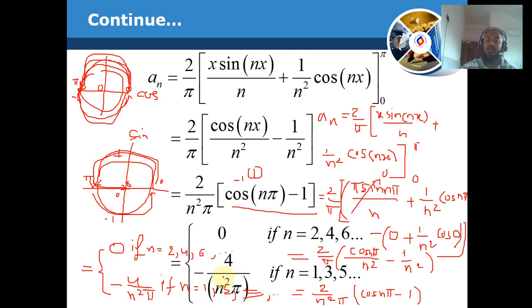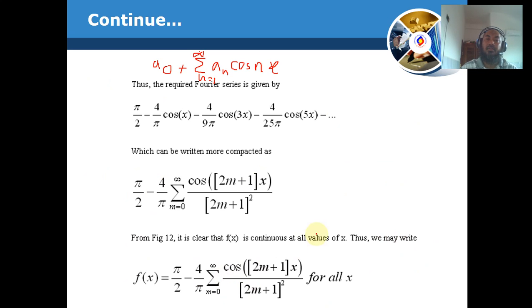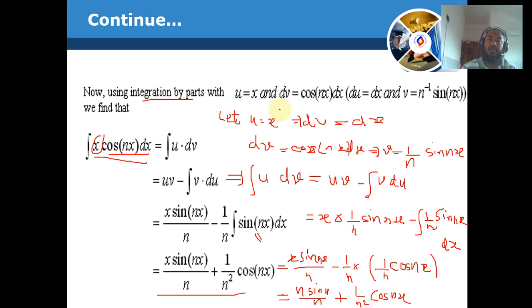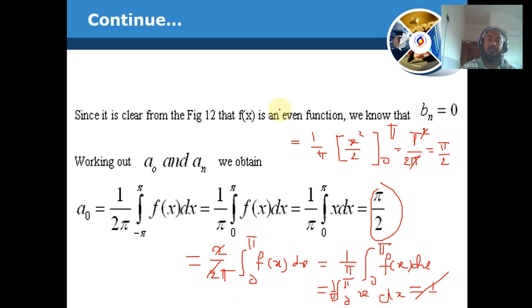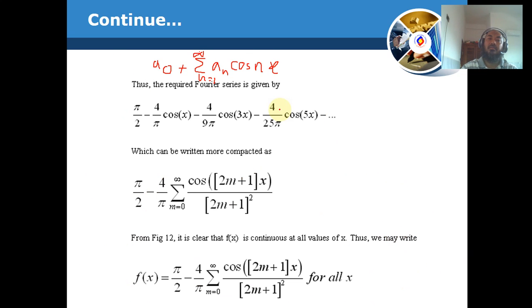So only odd numbers remain. That's why we have our a0 equal to pi divided by 2.